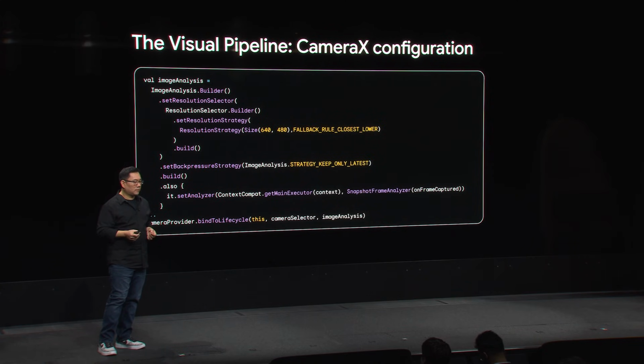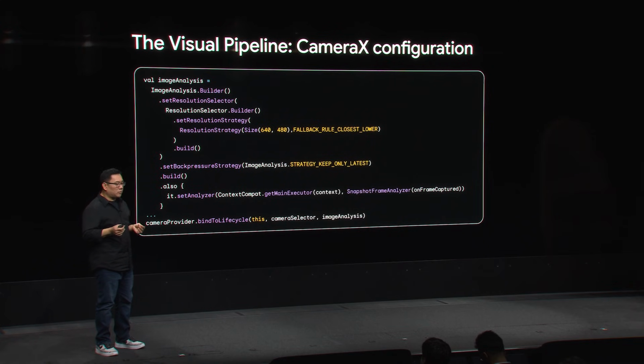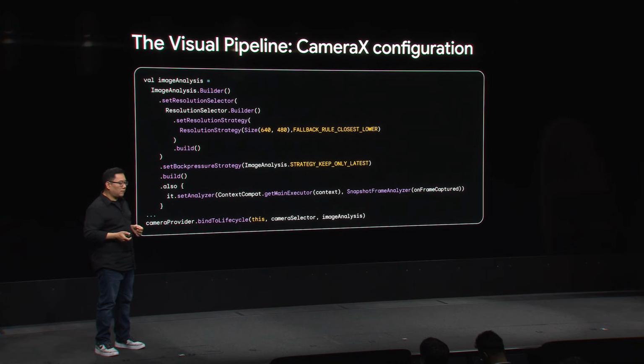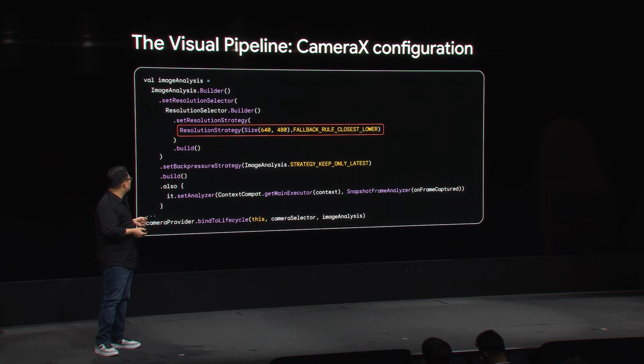Cameras are fast, capturing 30 to 60 frames every second, but this isn't necessary for our application and would rapidly drain the battery. So there are three critical configuration details here. First, we use our recommended AI strategy, capturing 1 frame per second at VGA resolution, 640 by 480 pixels.